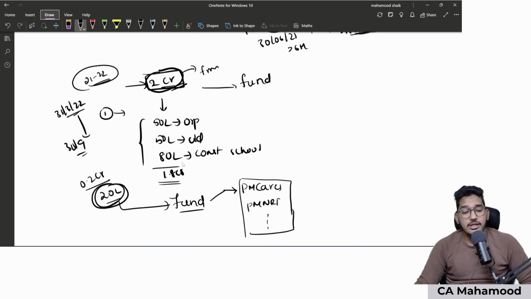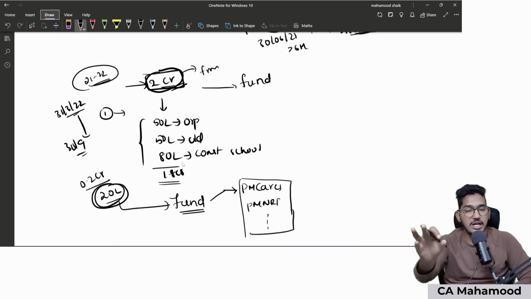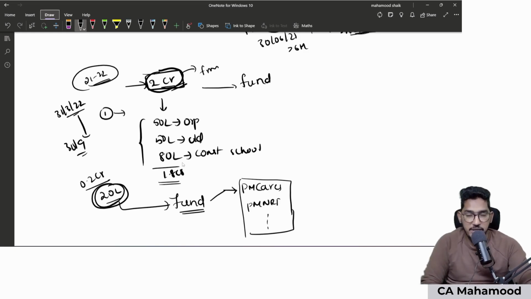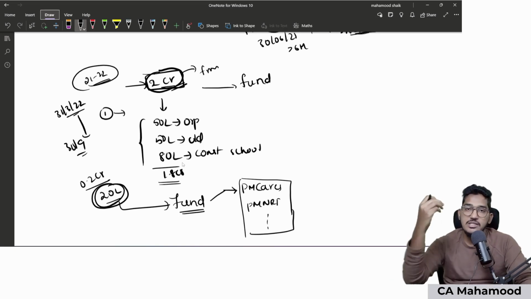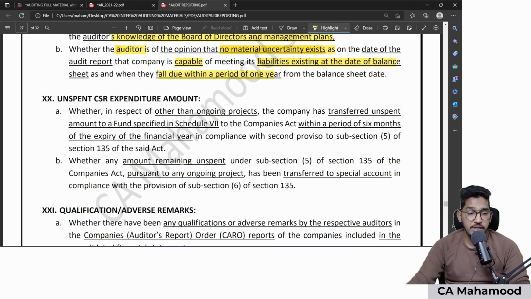So that money you have to give to the fund. That means by transferring to the fund, you are giving that money to the government. Government will take care of how to spend. If you are able to spend it on your own, come up with a project within 6 months. If you don't come up with a project within 6 months, transfer that money to the fund, and that fund will be utilized by the government for public welfare. So that is the first point in respect of other than ongoing projects.